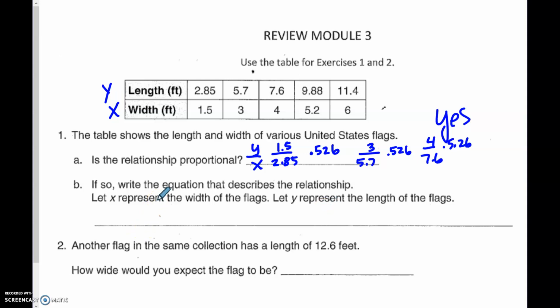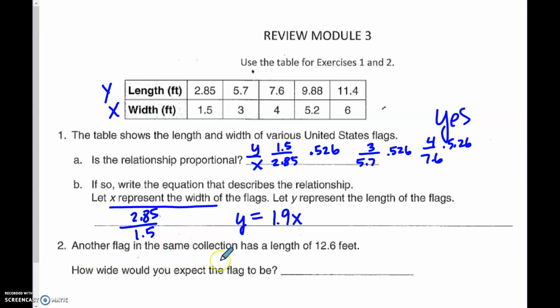That relationship all came out to be the same. But now for part B, because they're telling us that we need to do it where x is the width and y is the length, that means I need to do it the other way around. And so when I take 2.85 and divide by 1.5, it comes out to be y equals 1.9x.